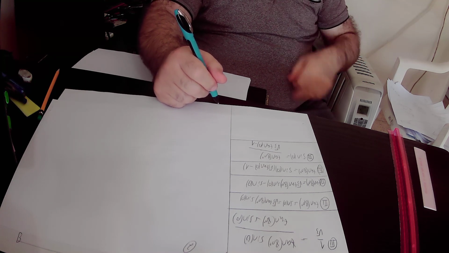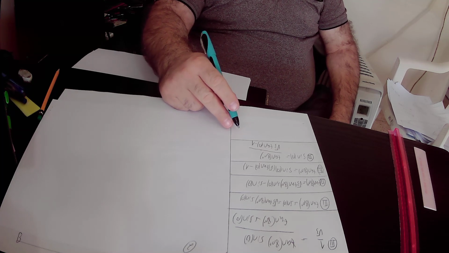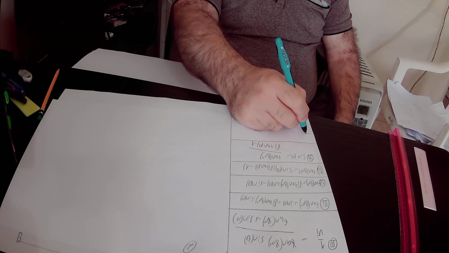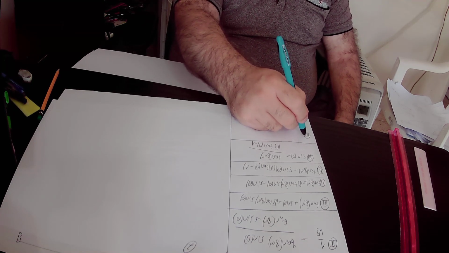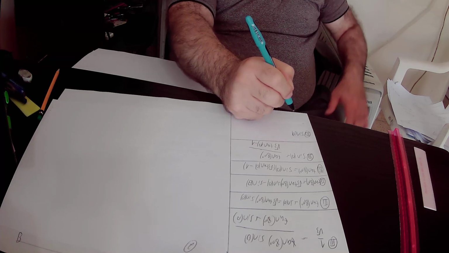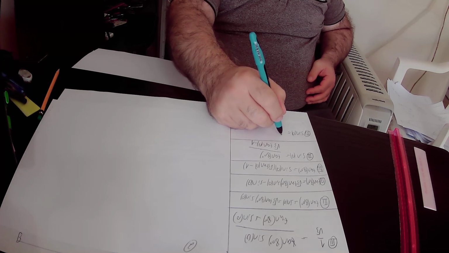Here we will substitute tangent 80 degrees by sin 80 degrees over cosine 80 degrees, and we will get that sin theta according to equation number 3 will be equal to tangent 80 degrees, which is sin 80 degrees over cosine 80 degrees.